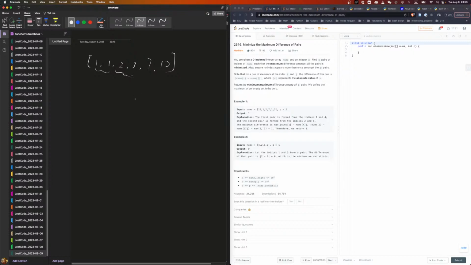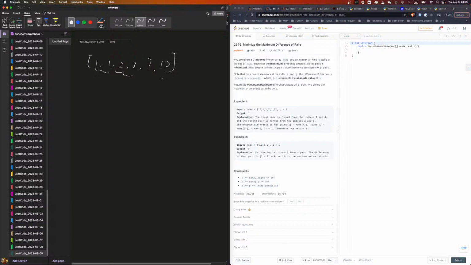So usually in this one we can do binary search, right? The max difference we have, the min difference can always be 0, and then we pick the mid difference, and then we just need to find if we can find the pairs such that they are smaller than that. If they are, then we can do a little bit bigger. Okay.